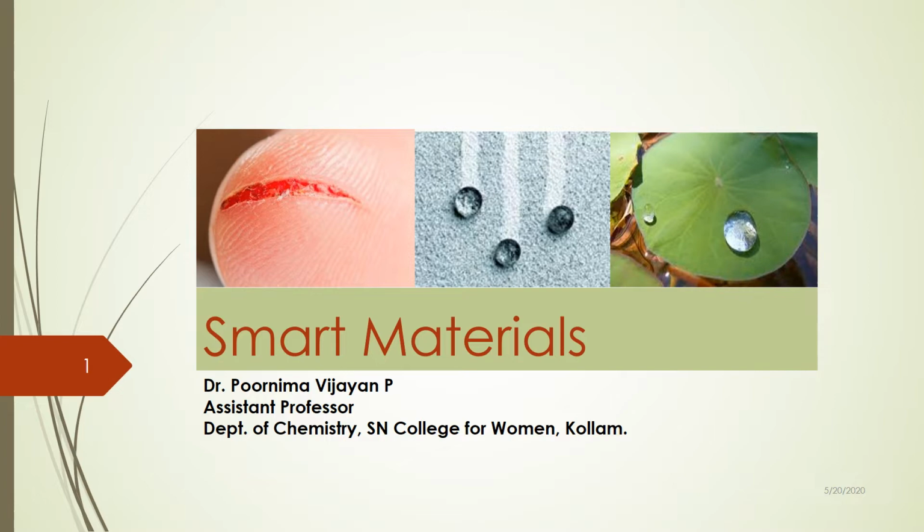This type of functions are known as smart functions. If a material scientist is able to integrate this type of smart functions into a material, then we will get smart materials.